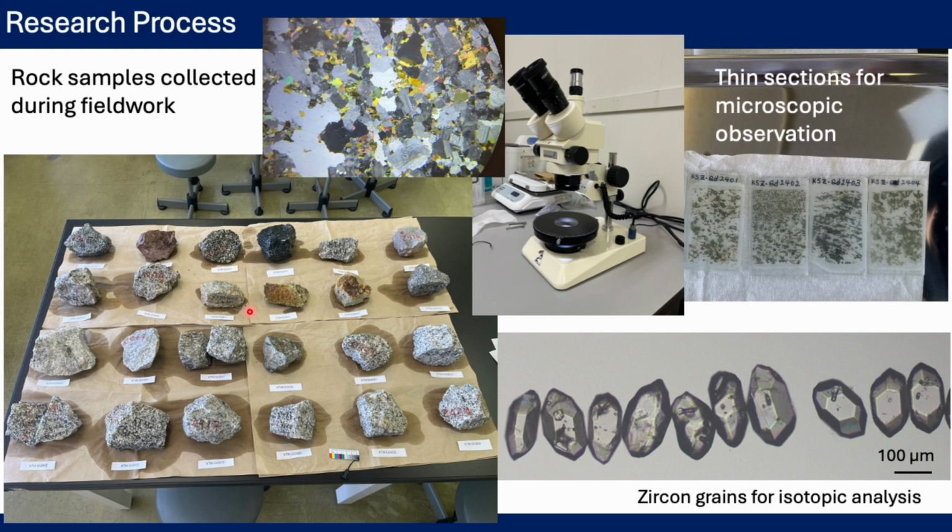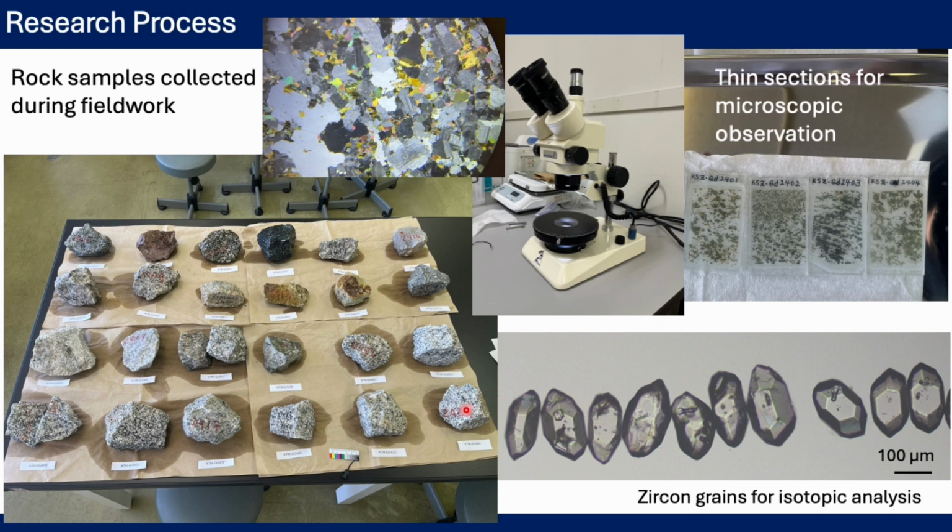After returning from the field, my research group and I prepared the samples for laboratory analysis. Firstly, we make thin sections, which are very thin slices of rock used for observation under a microscope. And we also prepare samples for chemical and isotopic analysis.